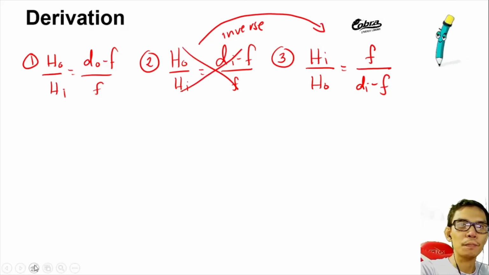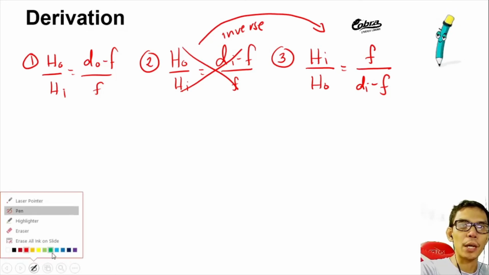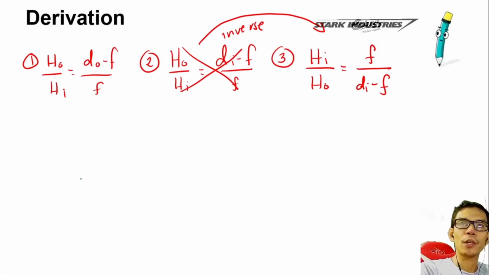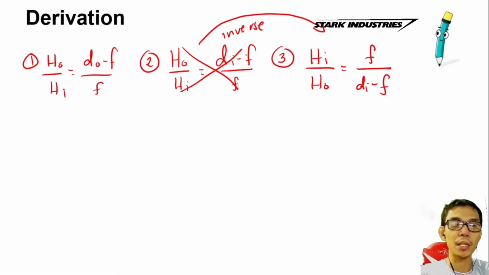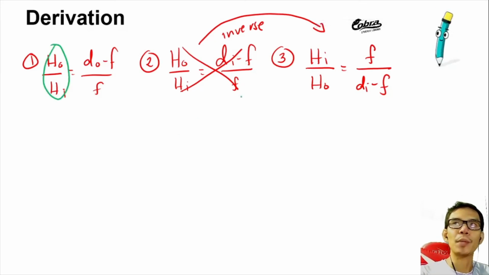Now take a closer look at our formula. What else can we cancel here in order for us to easily find out the mirror formula? We can cancel the height of the image and height of the object, respectively.